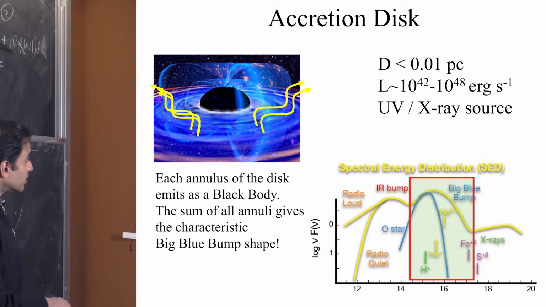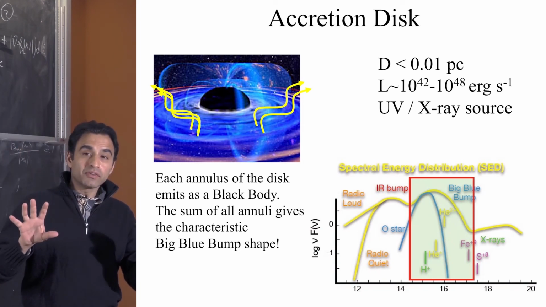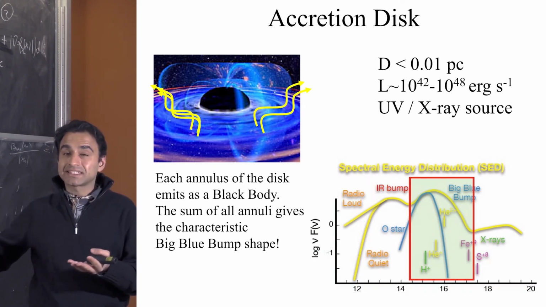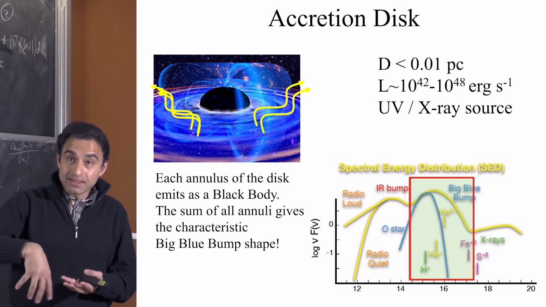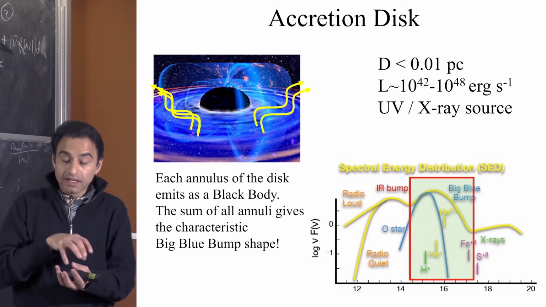A large portion of the full spectrum of an AGN can be explained by the energy released in the accretion disk. So let me be clear over here. There is gas in the galaxy. This gas eventually will reach a putative supermassive black hole at the center of the galaxy.